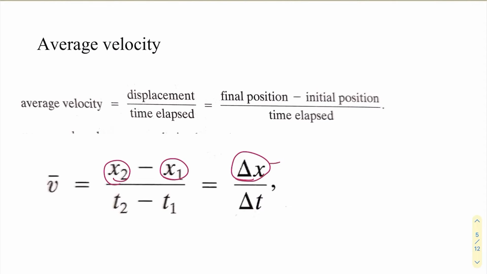Delta x here is displacement. And delta x is a vector. Therefore, the velocity is also a vector, because displacement is in the formula and makes the quantity, which is velocity, a vector.